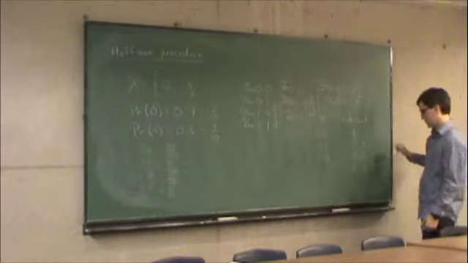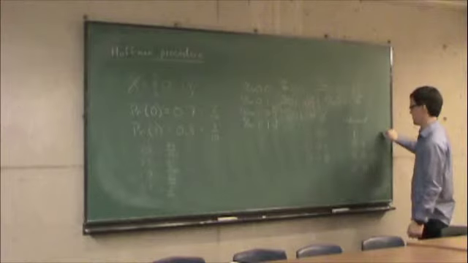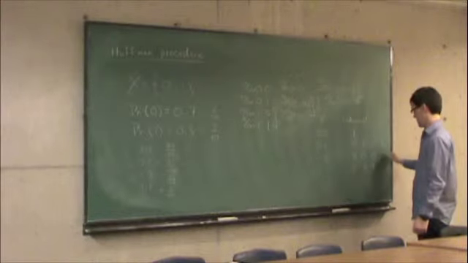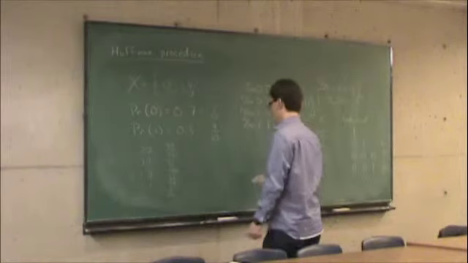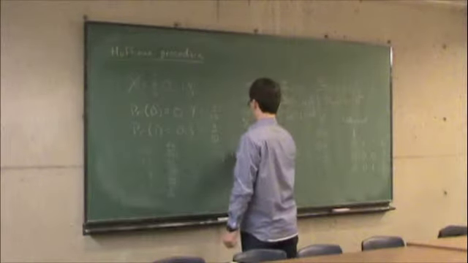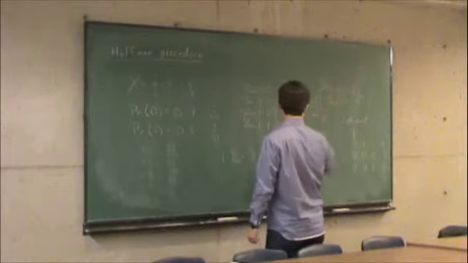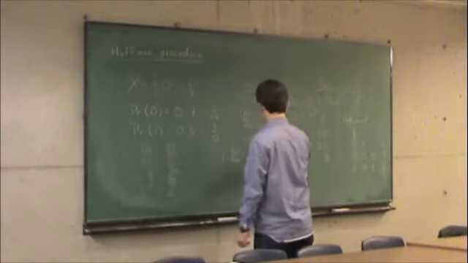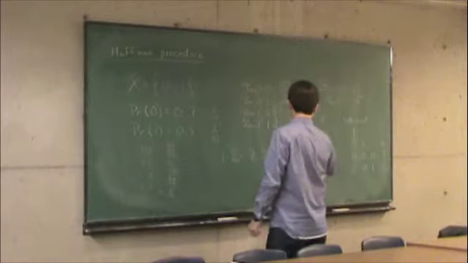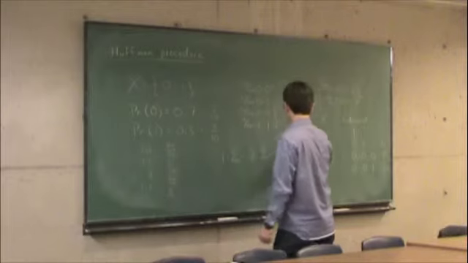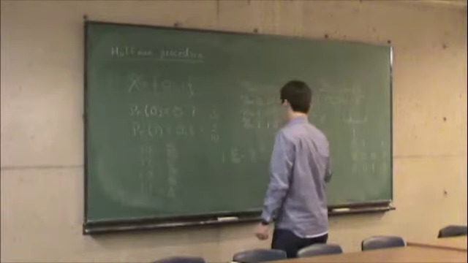Now the average length is what? This is 1, 2, 3, and 3. So the overall average length is 1 times 49 over 100, plus 2 times the probability of 0,1, which is 21 over 100, plus 3 times the probability of this, which is 21 over 100, plus 3 times the probability of this, which is 9 over 100.